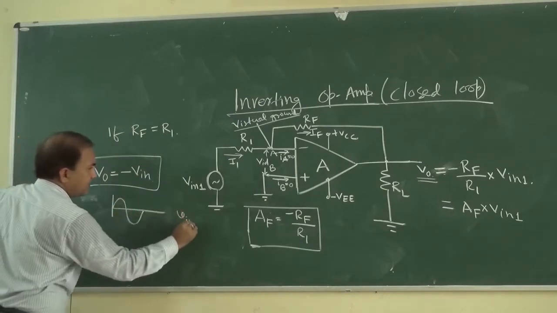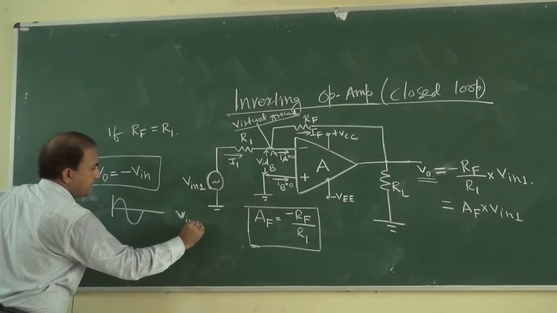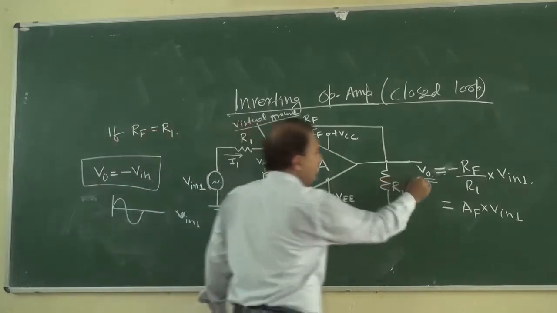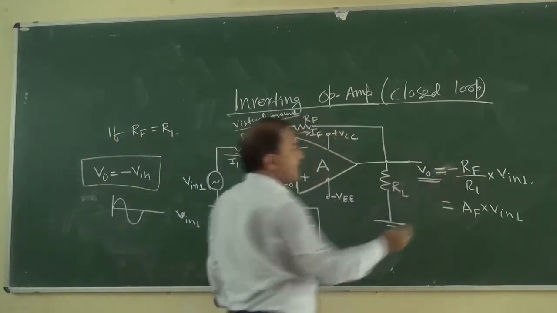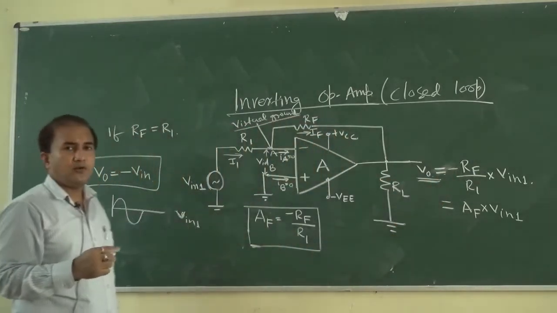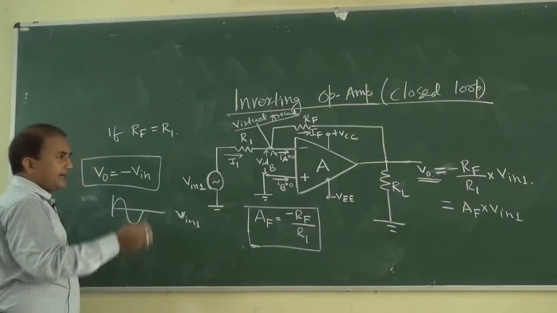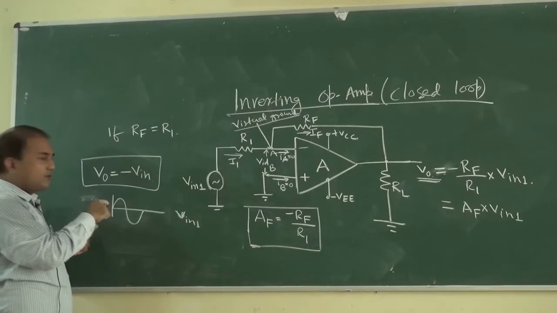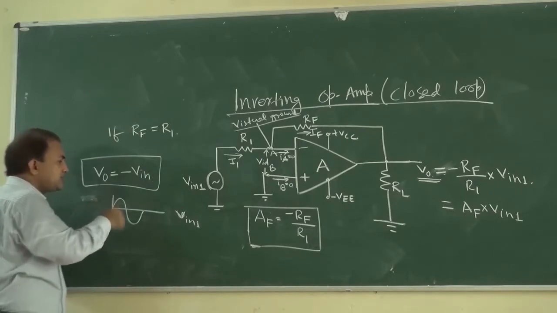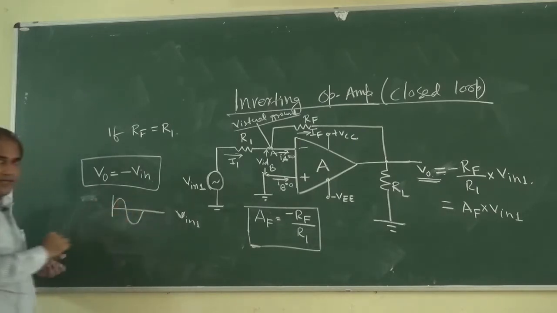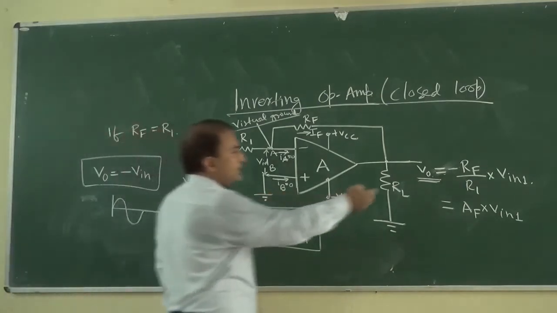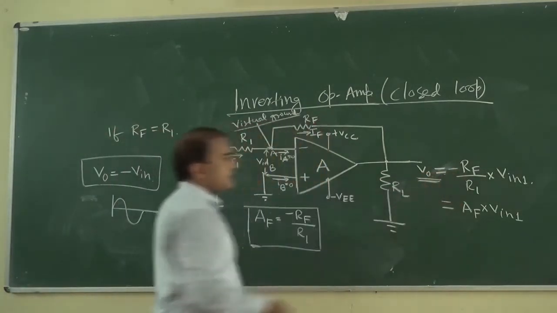This is Vin1. Then Vout will be amplified. We get Vout like this, minus RF by R1 into Vin1. So its phase will be 180 degrees with respect to Vin. It will be amplified based on RF and R1.